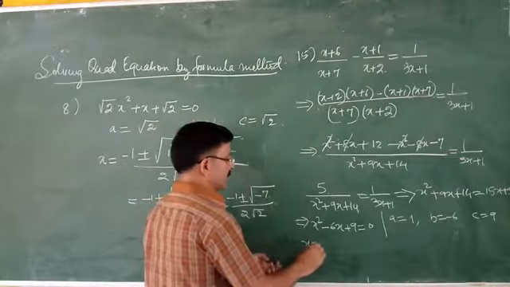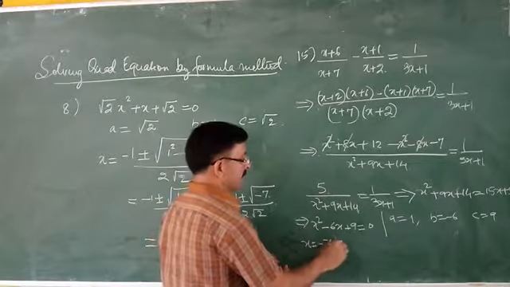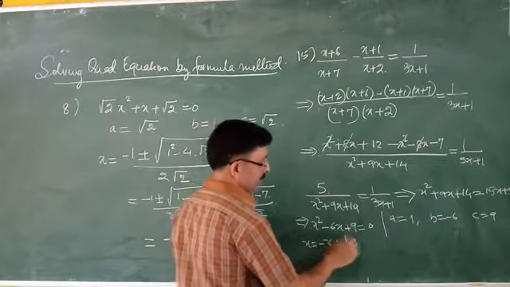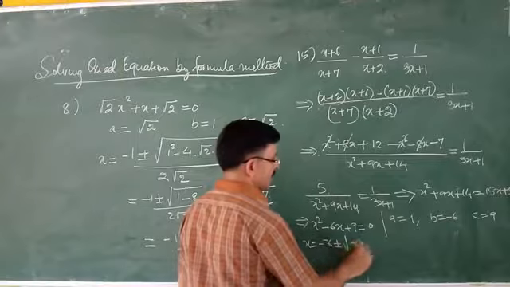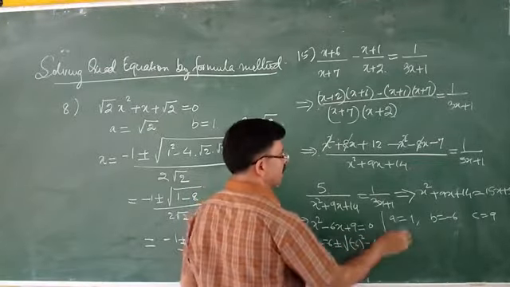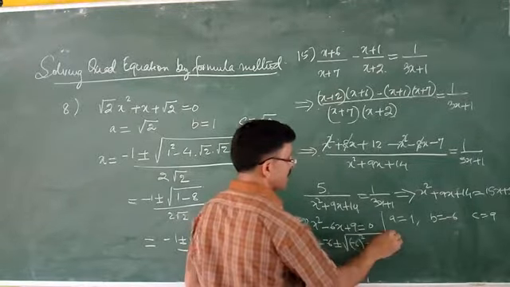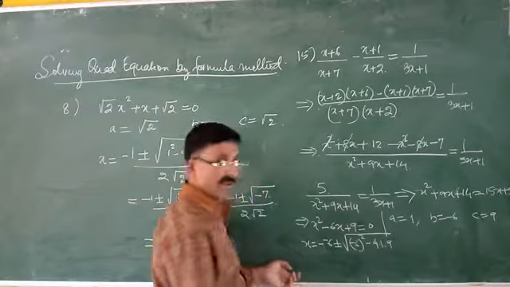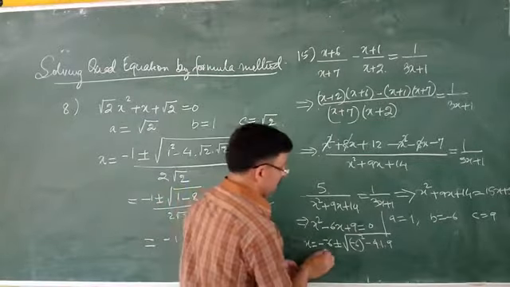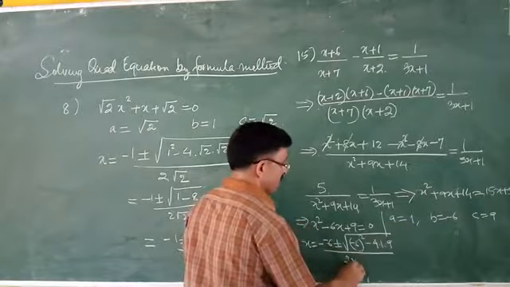So x is equal to minus b, that is minus 6, plus minus root over b square, that means minus 6 square, minus 4ac, 4 into a, that is 1, into c, that means 9. Is it right? Yes, sir. And then divided by 2a, 2 into 1.